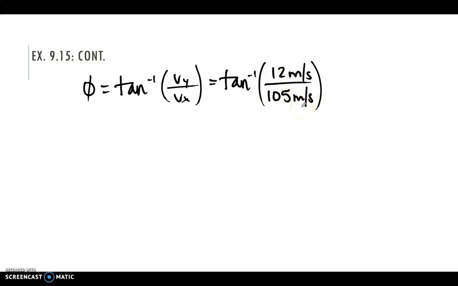So tan inverse of 12 over 105, we get this small angle of 6.52 degrees. So phi is equal to 6.52 degrees.